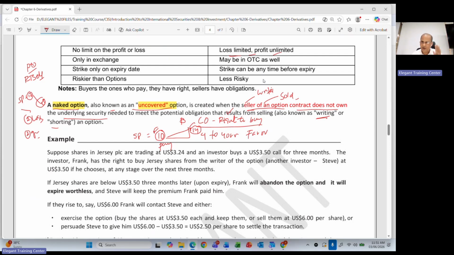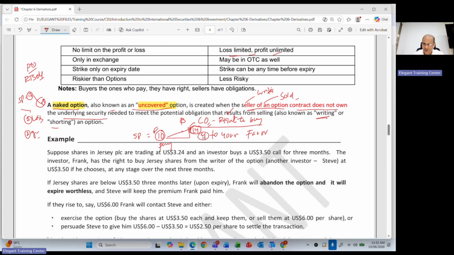Right? Your profit is unlimited and his loss is also unlimited. Your loss limited and his profit also limited. Okay. So once again, let's say price now 14 dirhams. You got a call option at 10, price 14. So 4 million is your gain.